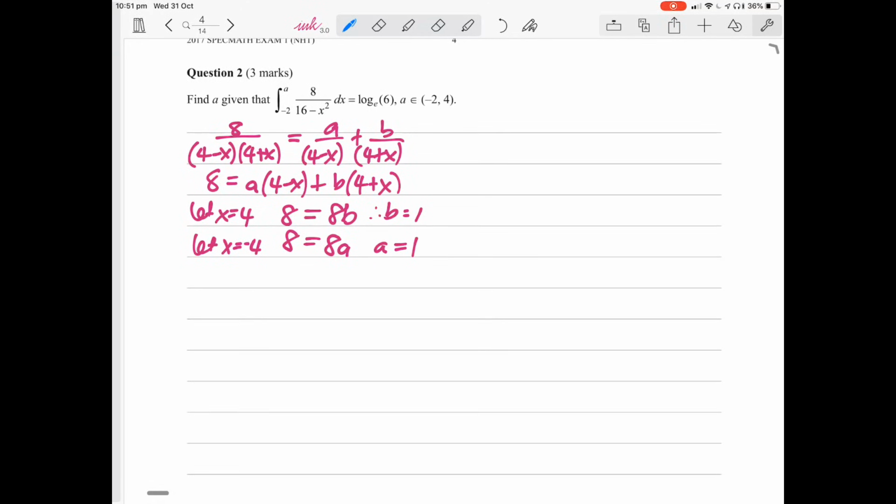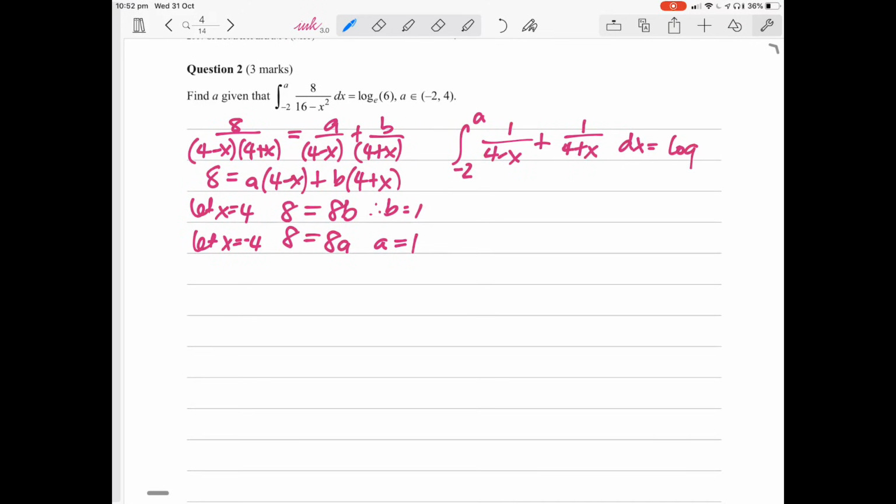So in this case here, we get the integral from -2 to a of 1 on 4 minus x plus 1 on 4 plus x, dx, and that equals log e of 6.